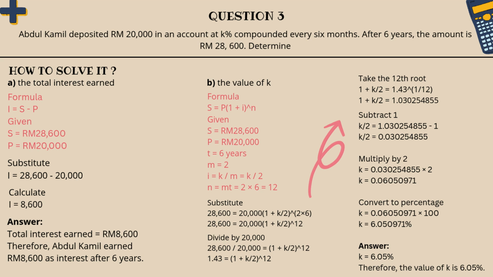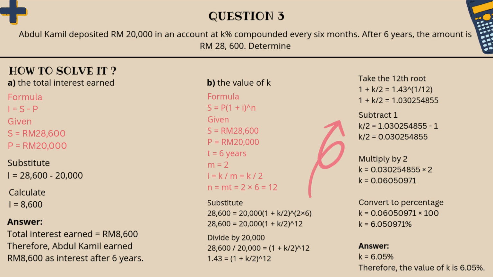First, we list the given values. The accumulated amount S is 28,600 ringgit and the principal P is 20,000 ringgit. The time is 6 years. Since the interest is compounded every 6 months, it means the interest is compounded 2 times in 1 year. So M is equal to 2.